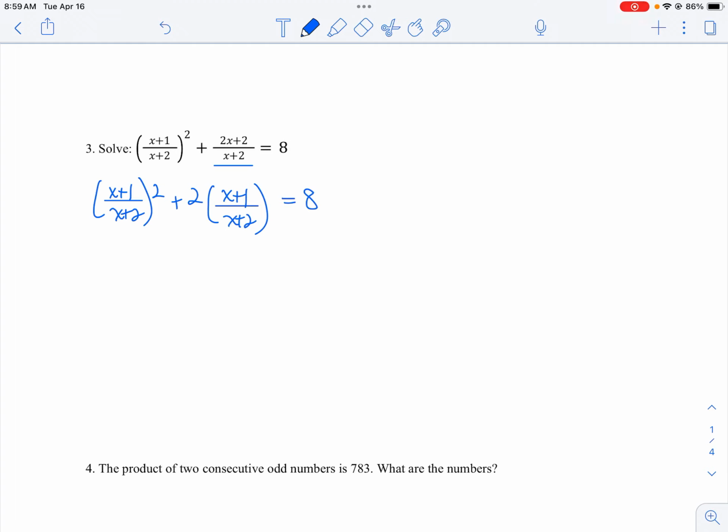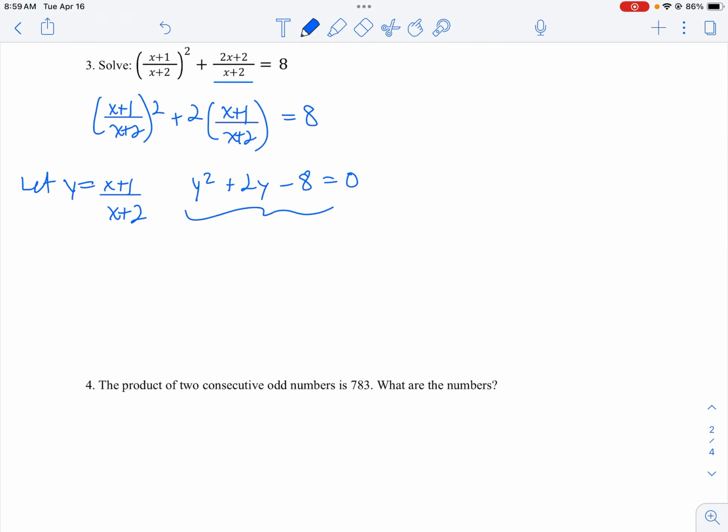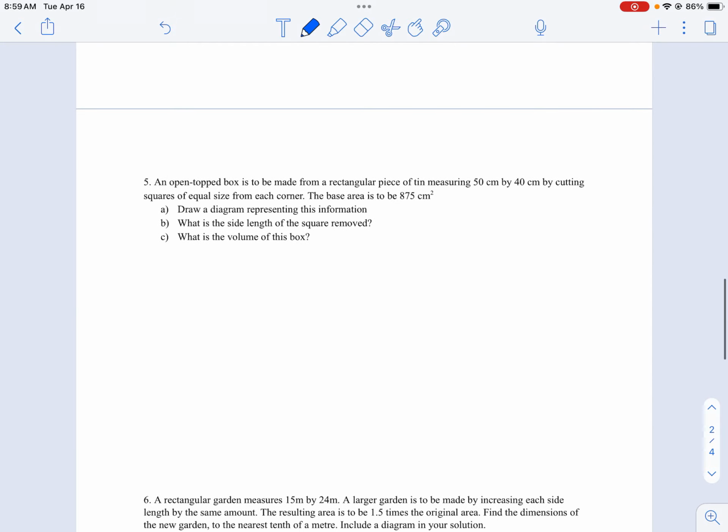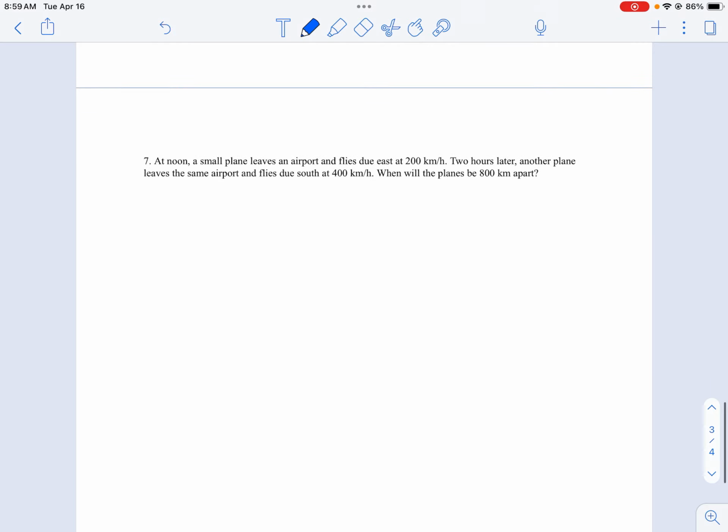And then what I would probably do is let y equal x plus 1 over x plus 2. Then I get y squared plus 2y minus 8 equals 0. Looks very similar to the other one, and now we can solve this. Again, full answer in my note. I think the rest of these are quite straightforward.